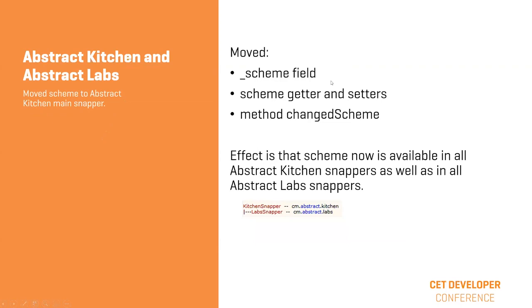So we're going over to changes in Abstract Kitchen and Abstract Labs. Here is a private field scheme and its getters and setters, and also a method called changed scheme that has been moved from, I think it was from Labs Snapper up to Kitchen Snapper.